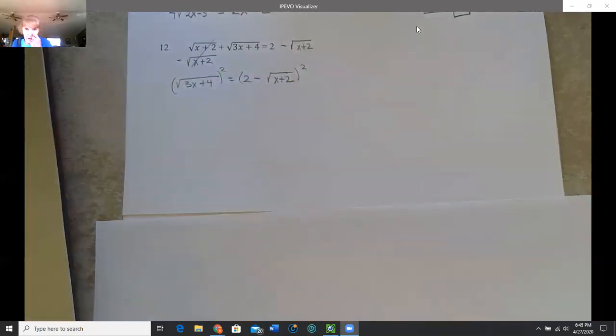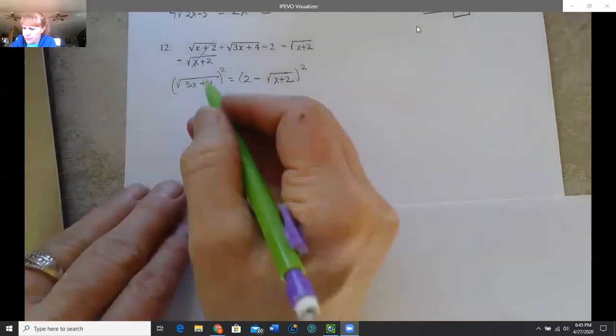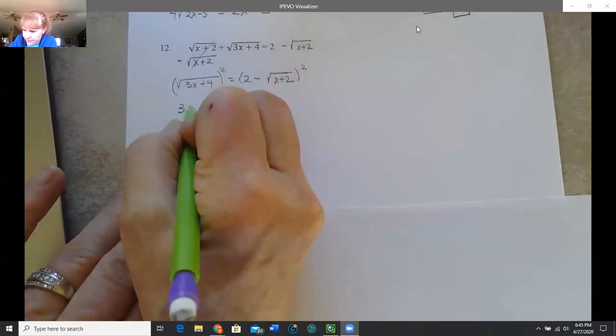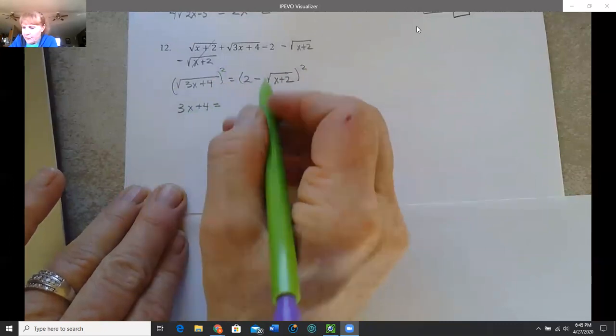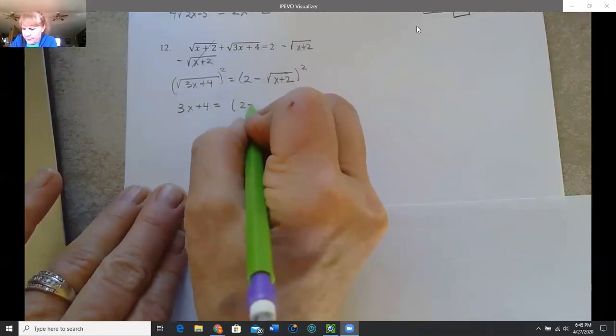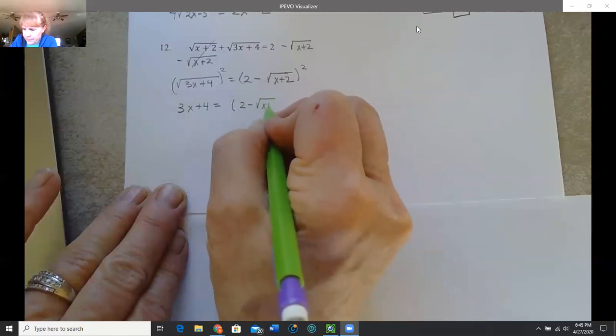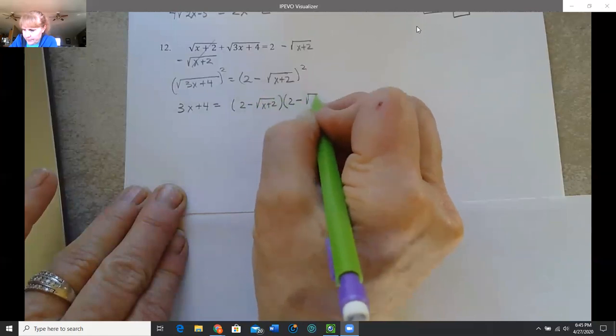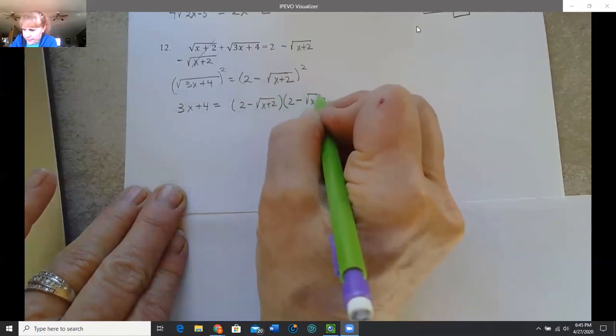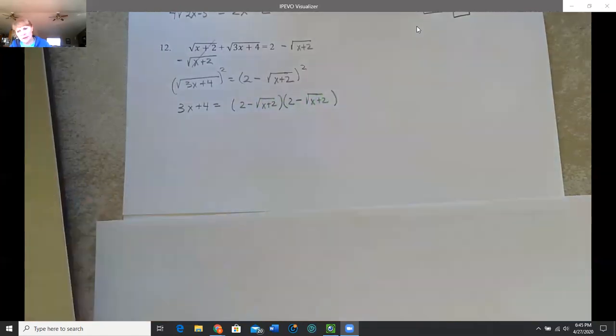All right, so here we go again. We square the left, no problem. It's pretty easy. The radical just disappears. But when we square the right-hand side, we have to use the FOIL method. So let's use our FOIL method.